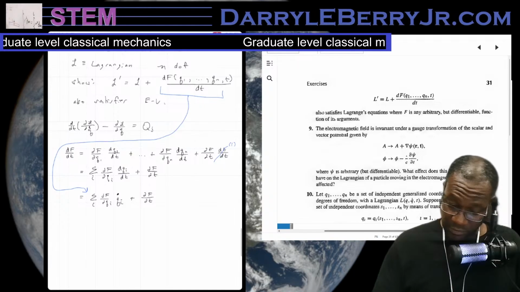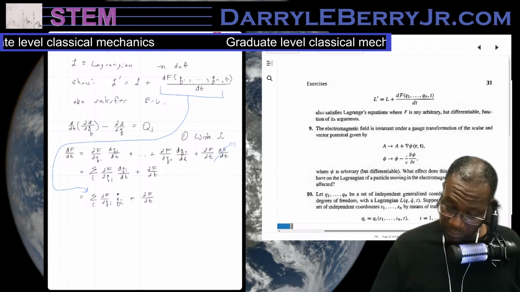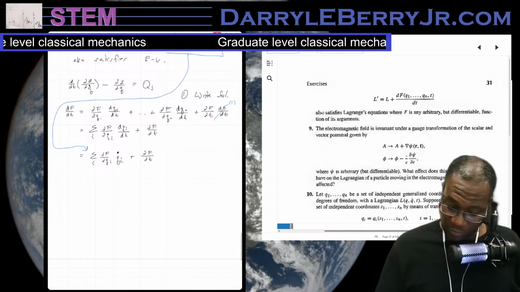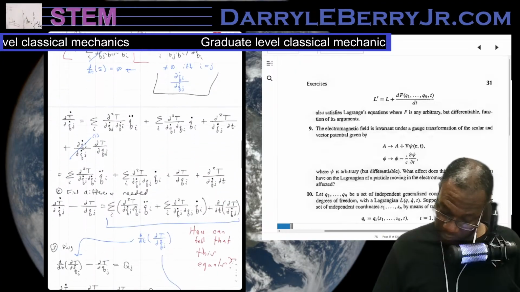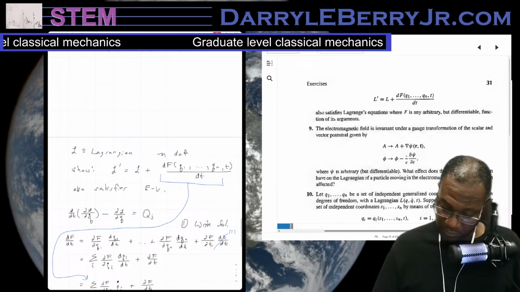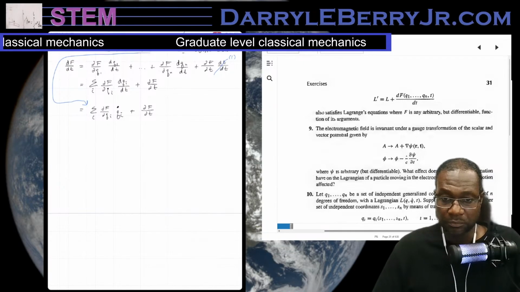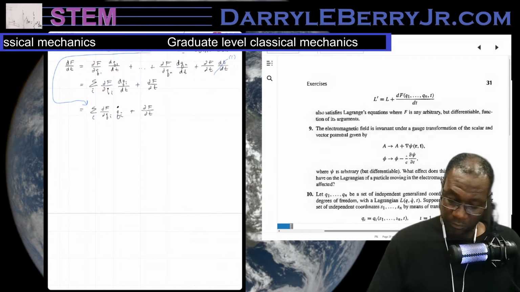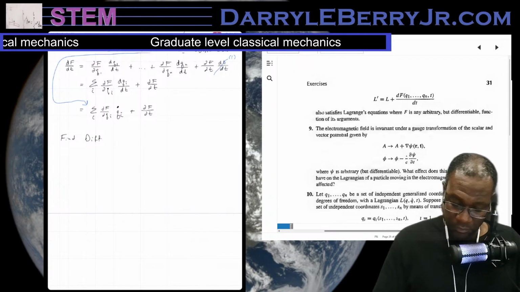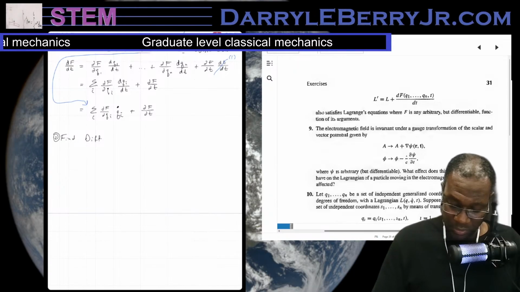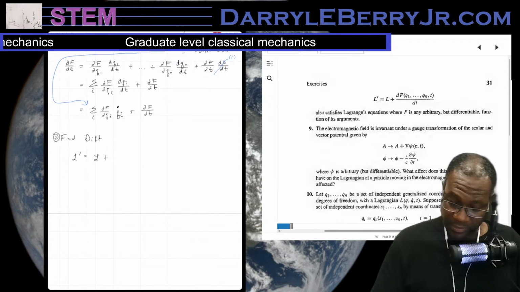So the first thing is still the same thing we did last time: write the solution, then find the difference needed. So L prime equals L plus this.